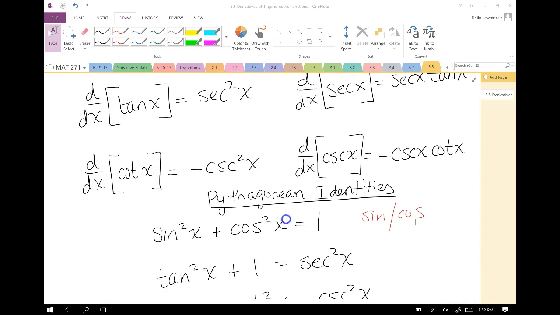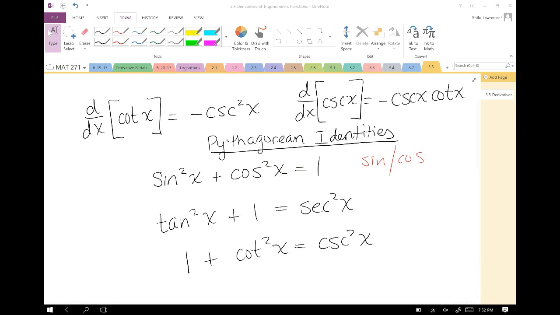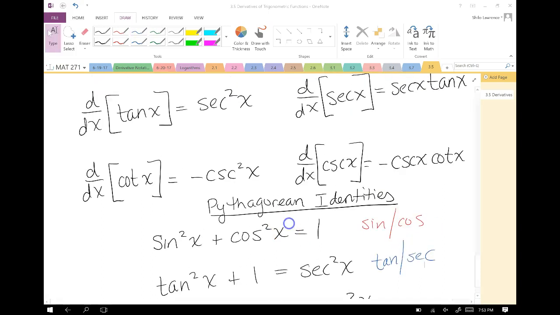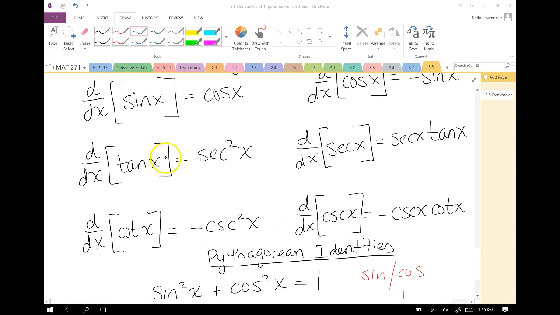The same is true for tangent and secant. Tangent and secant belong in a Pythagorean identity together. And if you look at the derivatives for tangent and secant, their derivatives always stick together. The derivative for tangent is secant squared. The derivative for secant is secant tan.